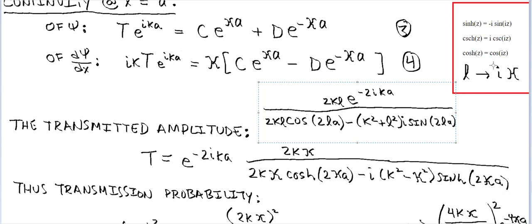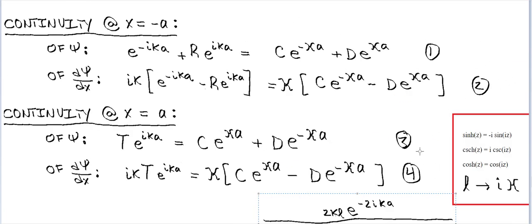And what I'm telling you is everywhere in that solution that you see an L, because equations 1, 2, 3, and 4 here are the same as the 1, 2, 3, and 4 above, except for some minor differences in the way I named the coefficients.